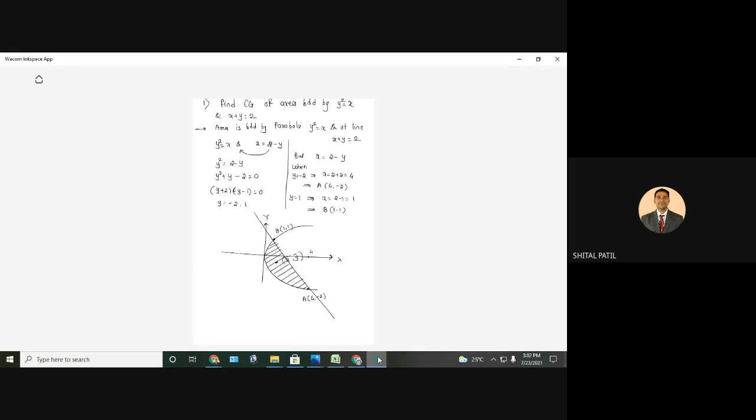Before we proceed, we should find the limits. What will be simpler, integration with respect to y first or x first? Anyone? x.